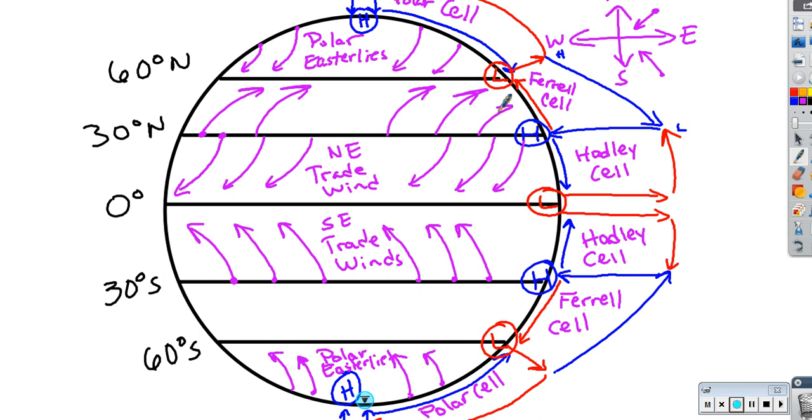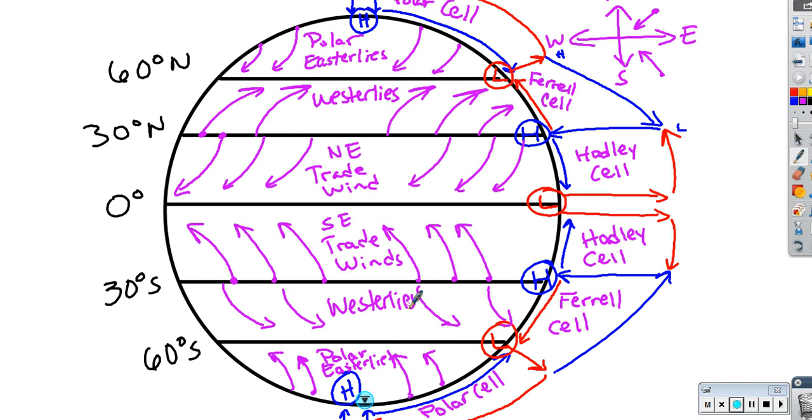So these are the prevailing westerly winds. And so again, we have our right deflection from high to low in the north, and we have left deflection, which is also a westerly wind, in the southern hemisphere. So these are the prevailing westerlies.